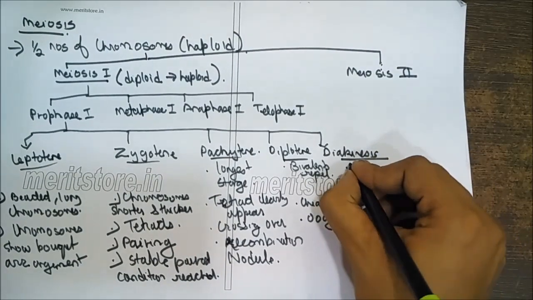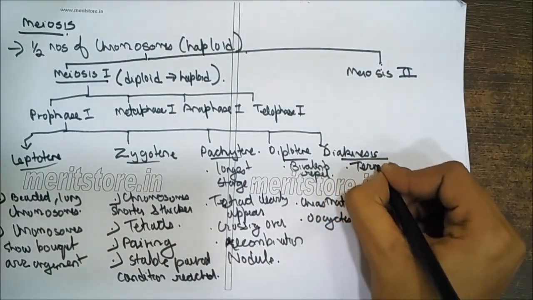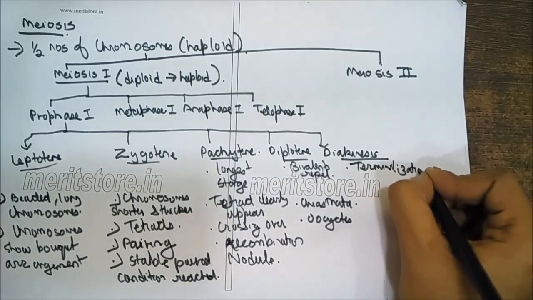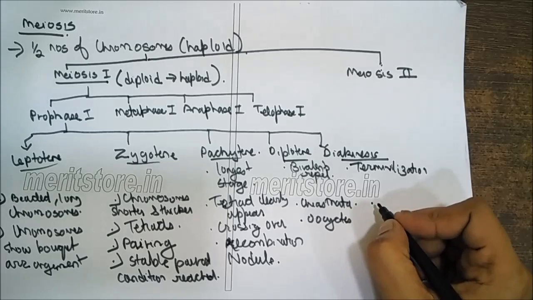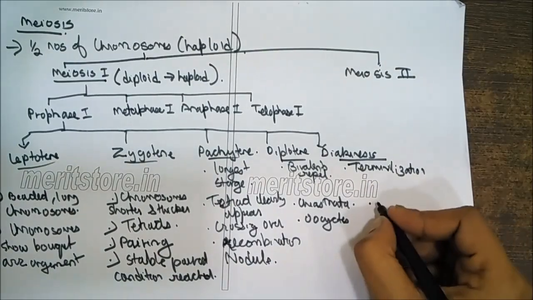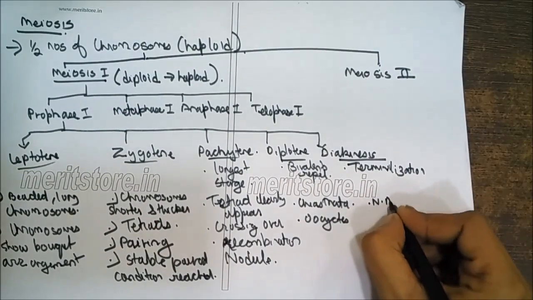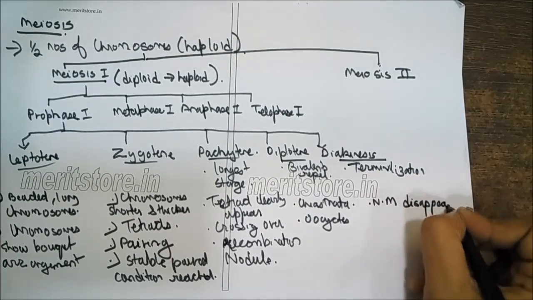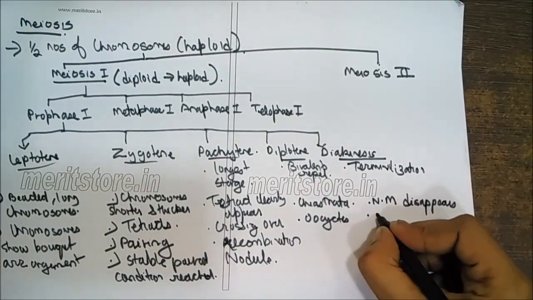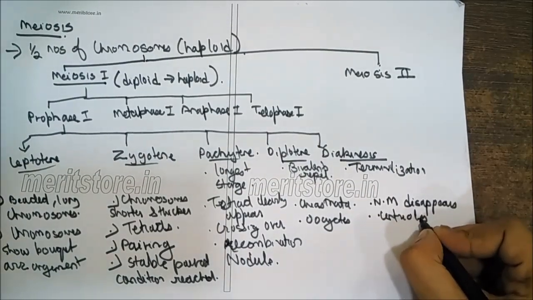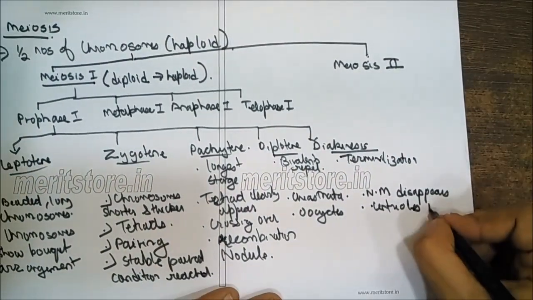The nuclear membrane disappears, centrioles migrate to the poles and the spindle fiber begins.